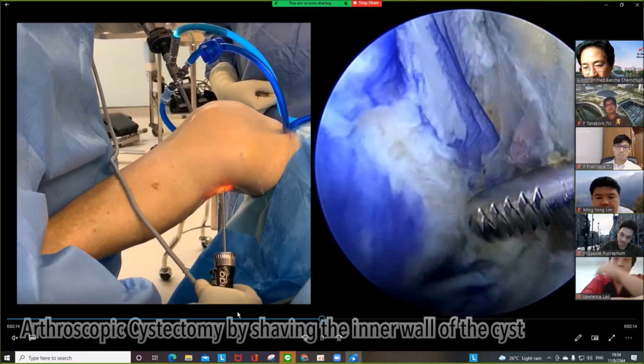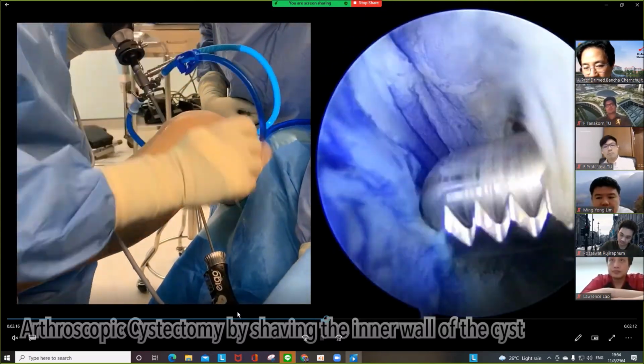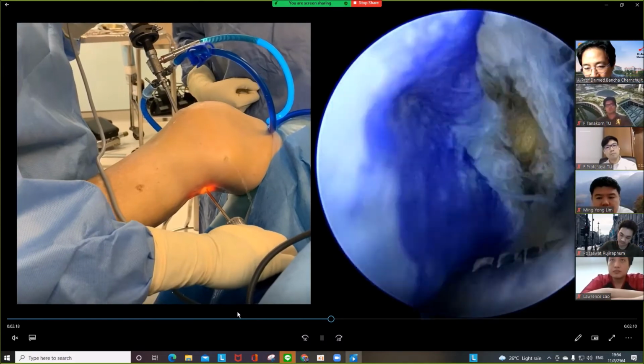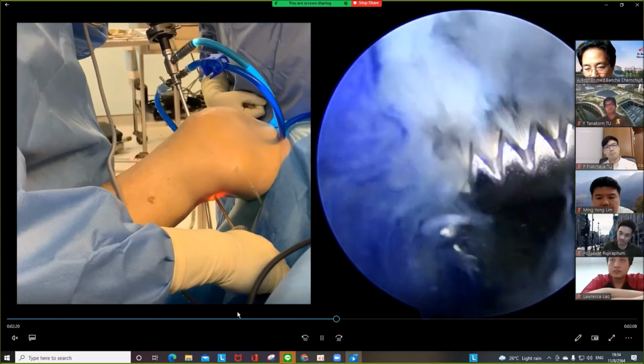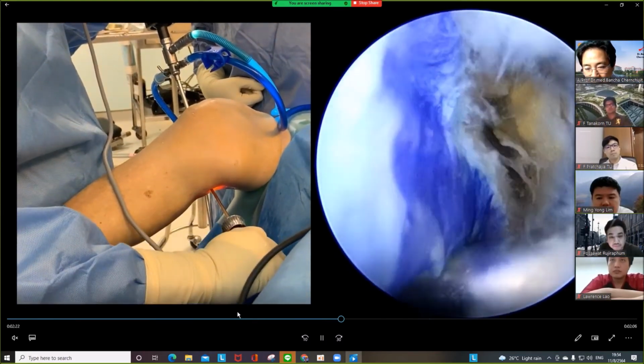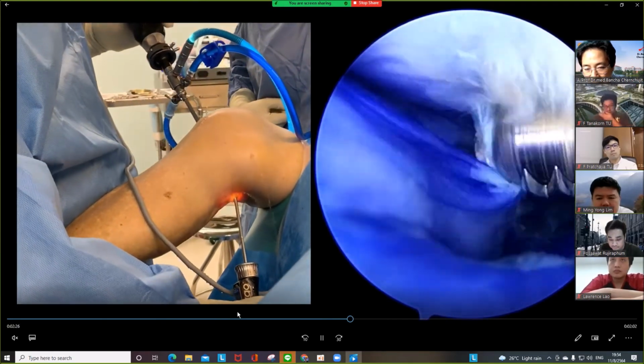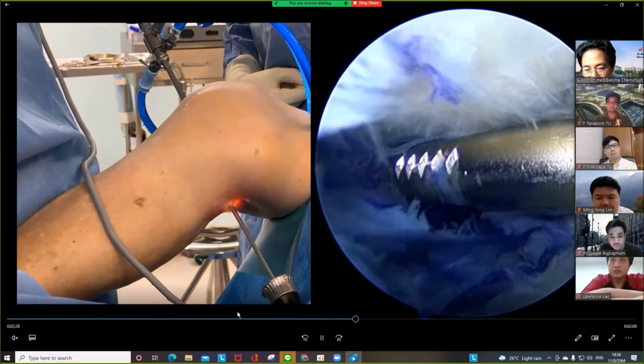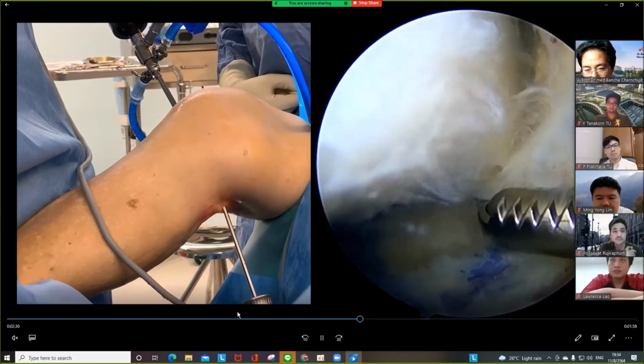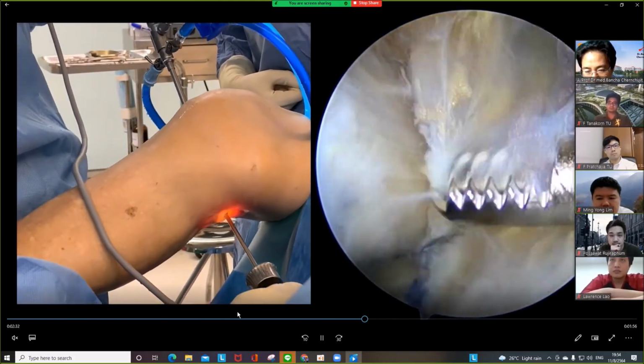See? And then slowly cut the cyst wall. And be very careful about not going out because you can damage the small vessel.